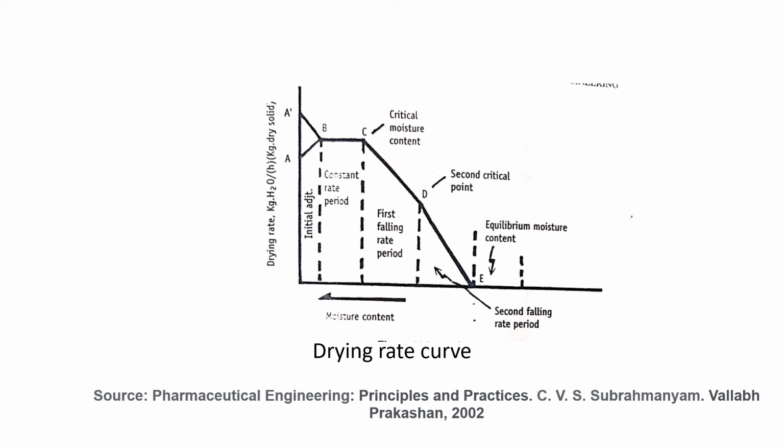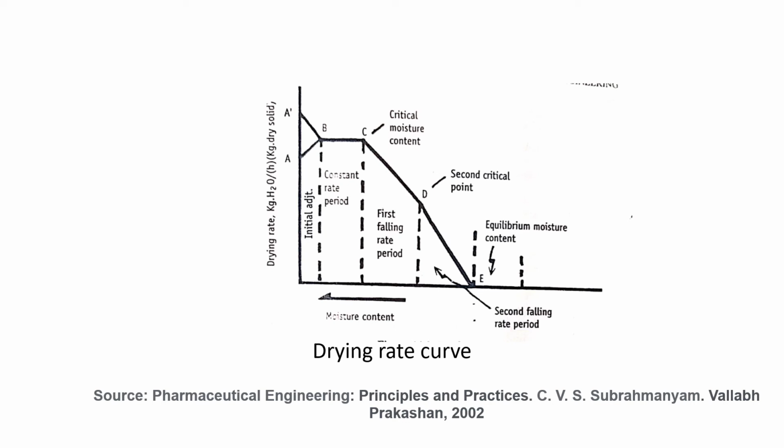After this, from point D to point E, the duration is called the second falling rate period. Here the rate of drying falls even more rapidly than in the CD curve, that is the first falling rate period. Actually, the vapors are not diffusing at the same rate as the moisture moves to the surface of the solid.